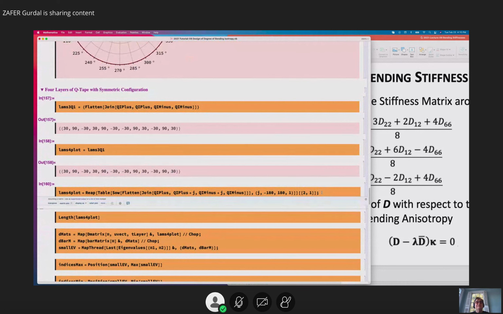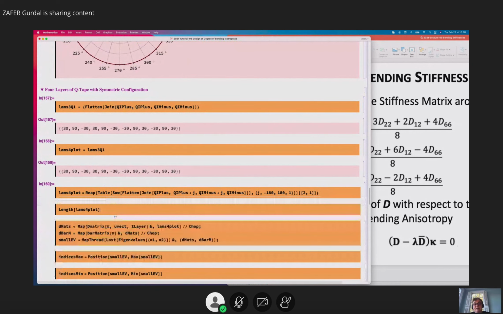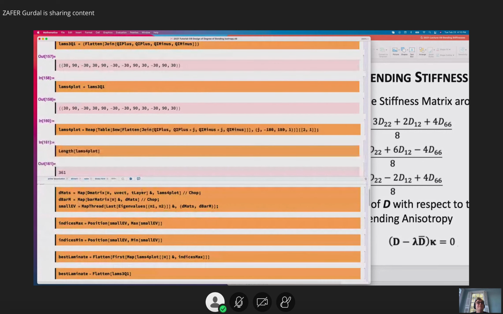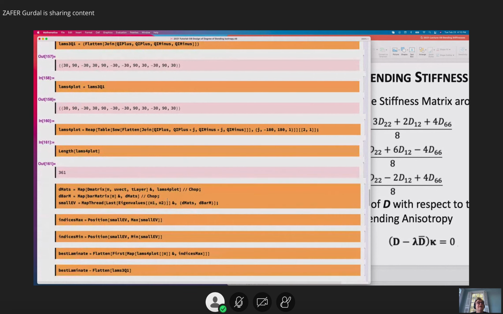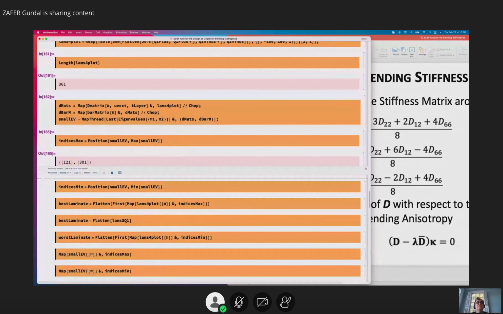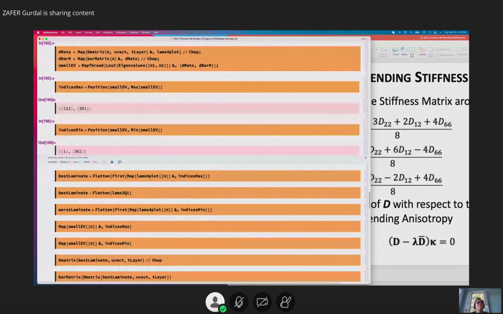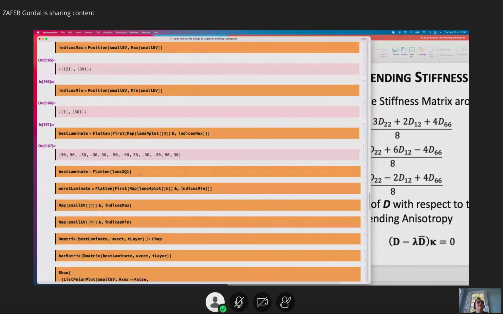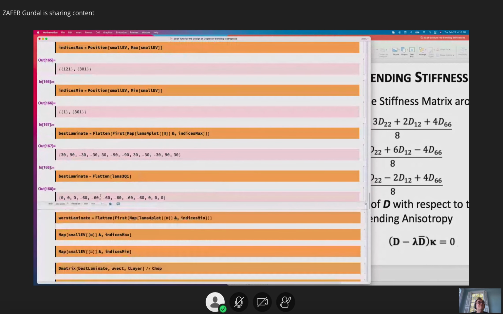That's what it is. And these are the layups, 364 of them. And if I make a computation of all of those and compute the indices for lambdas, the best laminate is this one, and it corresponds to this 30/90/minus 30, minus 30/90/30.